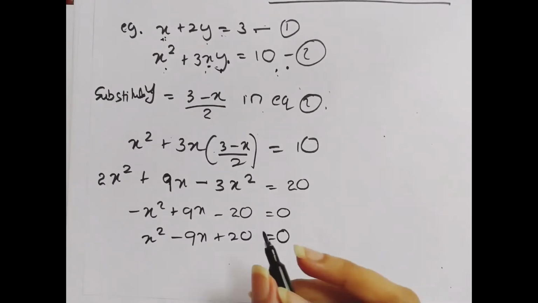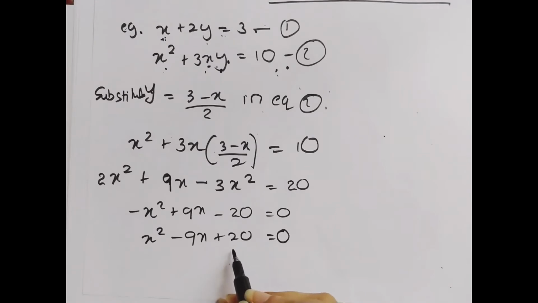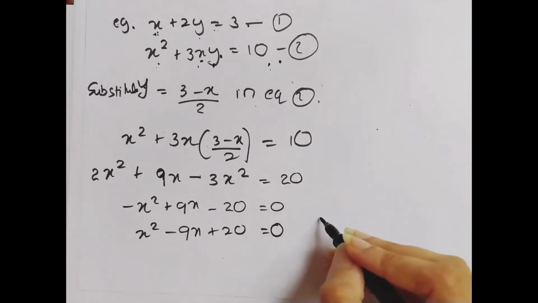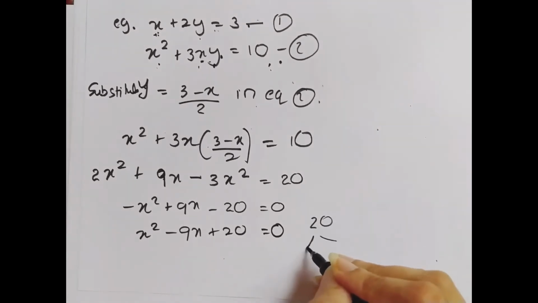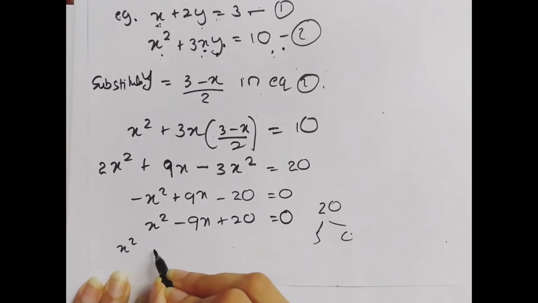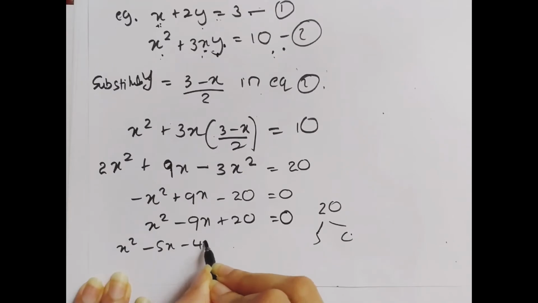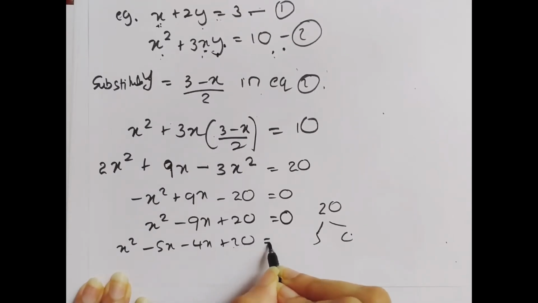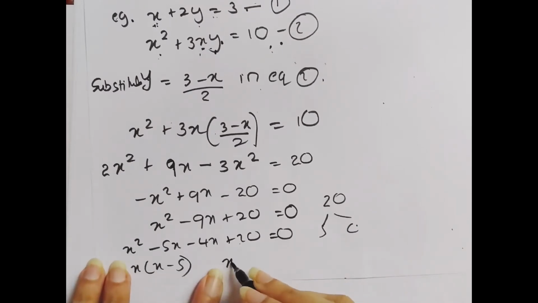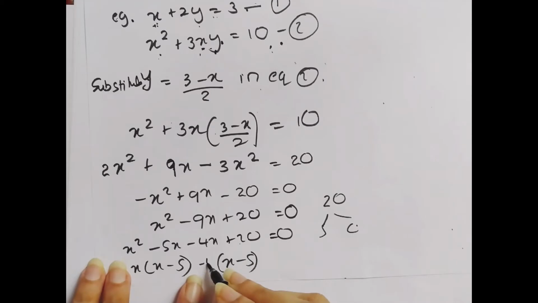Now you are going to solve for x. So there are two values. How are you going to solve for x? 20 is 5 into 4. Then x² - 5x - 4x + 20 = 0. Then if I consider this, it will be x - 5, so I'll write here x - 5, and this is minus 4.